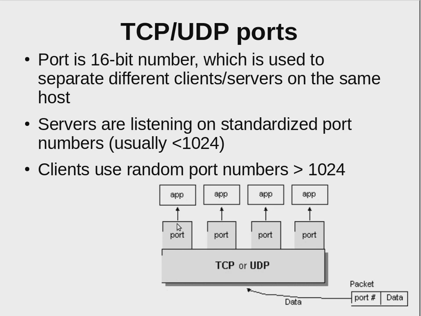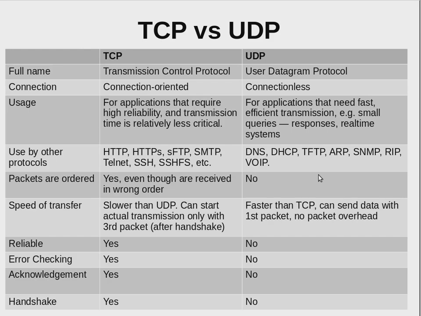For example, HTTP protocol port number 80, HTTPS port number 443, MySQL, not so standardized, 3306, etc. So clients usually just take a random free port number which is still not used for these concurrent connections, which is larger than 1024, and servers which are listening, if these are well standardized on the internet, may use a port number which is smaller than 1024.